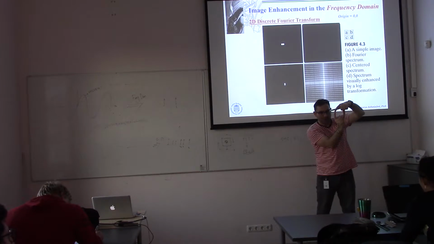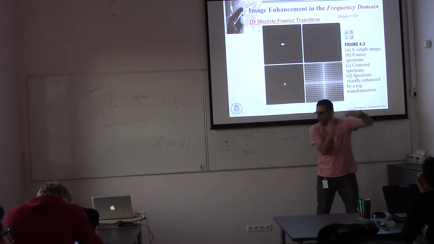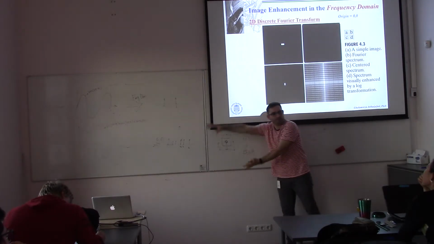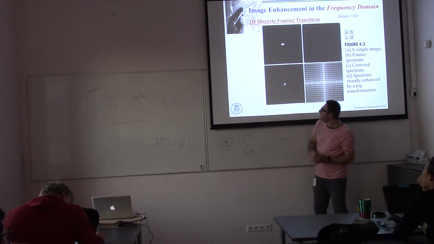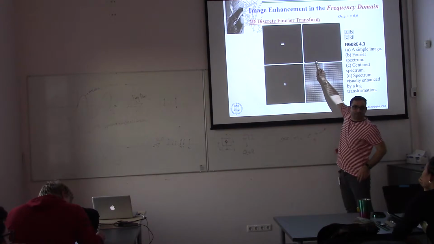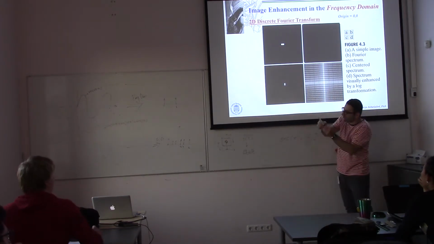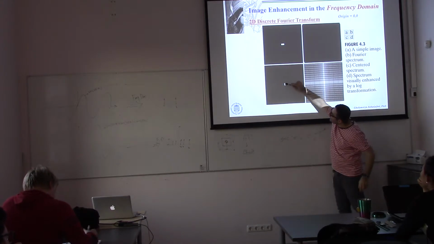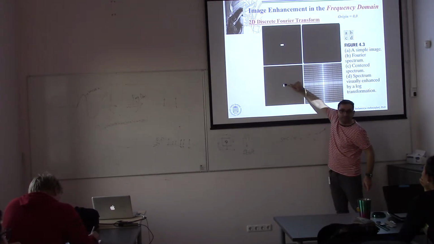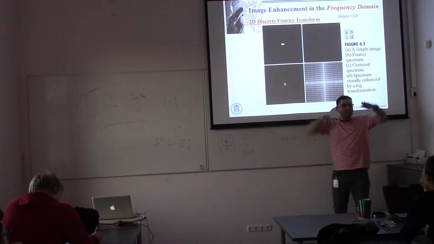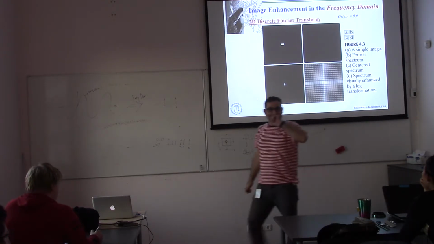So you are looking at another portion of this plot, because it is repeated everywhere in the plane that you have. So if I do this, actually all these corners come together. So here, at the center, I have the 0 frequency, and the frequencies start to become bigger, and the magnitude starts to become less and less and less.